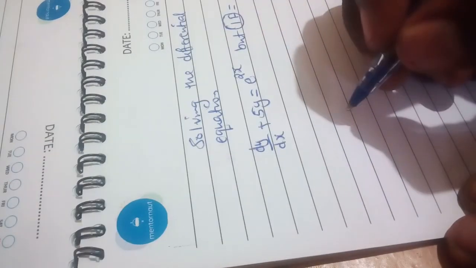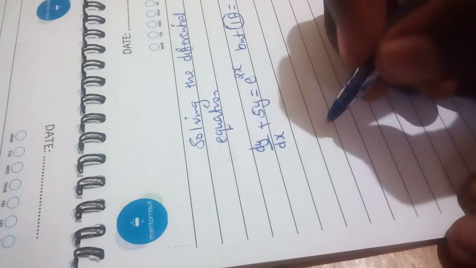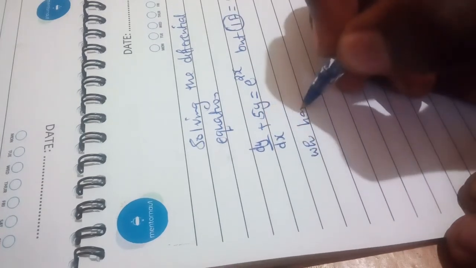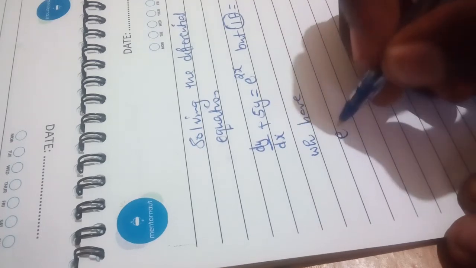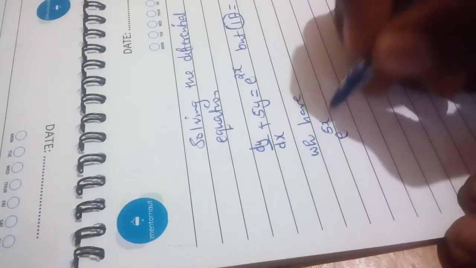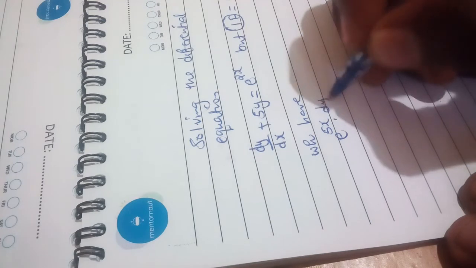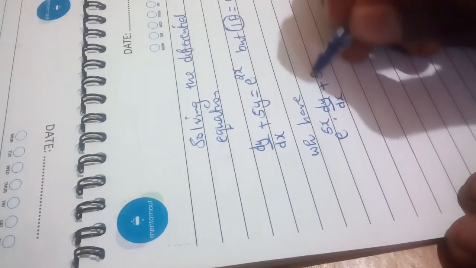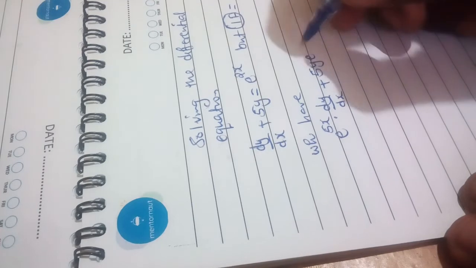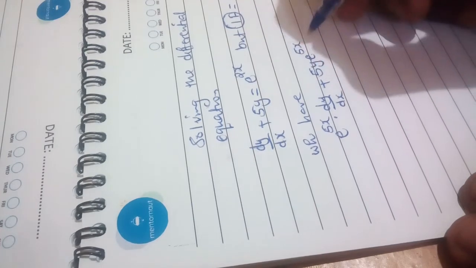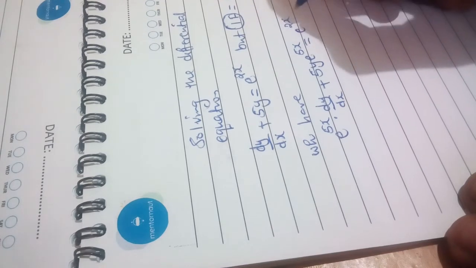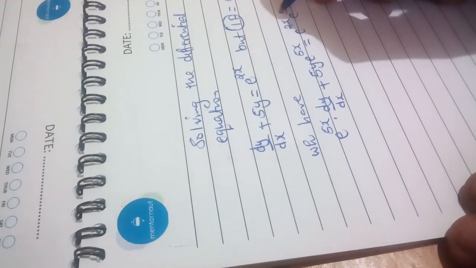We multiply both sides by e raised to power 5x. We have e raised to 5x dot dy over dx plus 5y e raised to power 5x is equal to e raised to 2x times e raised to 5x.